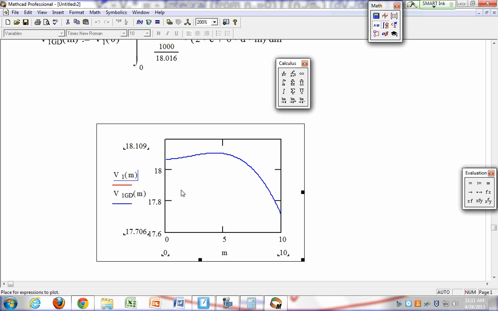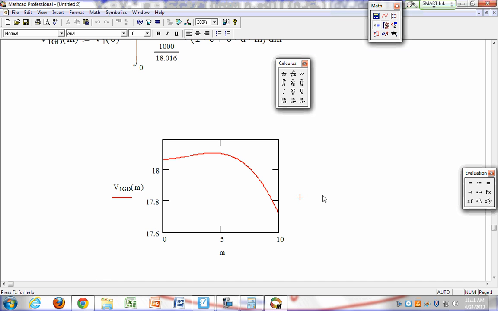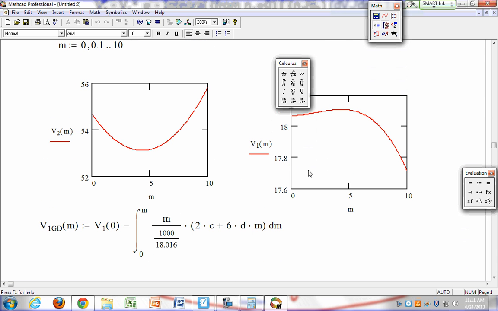So it just overlays. So let me just do this. There. Okay. And if you compare that with the direct calculation, you get the same thing.